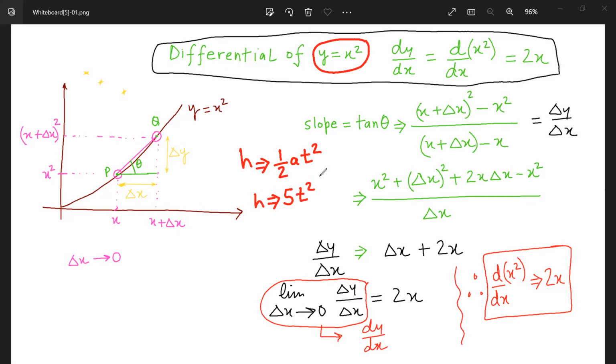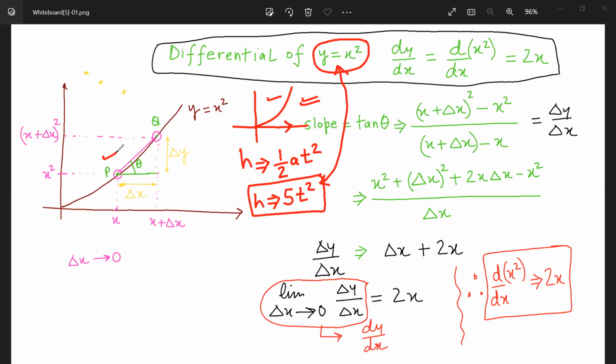So this equation has a connection with that equation. Is it making sense? Yeah. If I plot h is equal to 5t square, it will look something like this for all positive values of t.